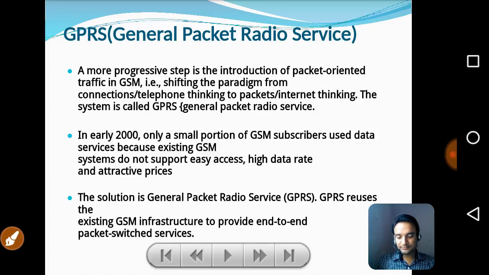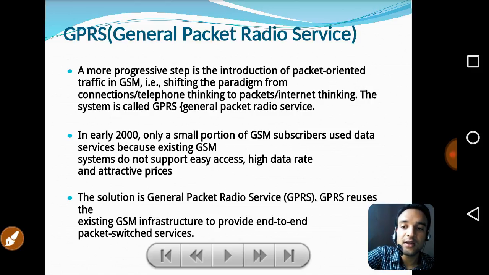The first international protocol which came to the mobile market, and which is still widely used, is GSM. GSM stands for Global System for Mobile, and presently it is also used.